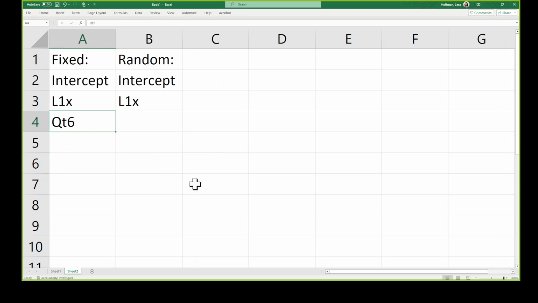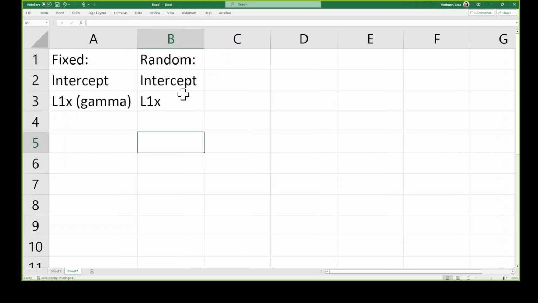So let me take this out here. So I would call this a random slope model because we have an individual cluster-specific deviation from the fixed slope represented as the random slope. What it's deviating from is over here. So I'm gonna put a gamma, help with tie in the notation here.